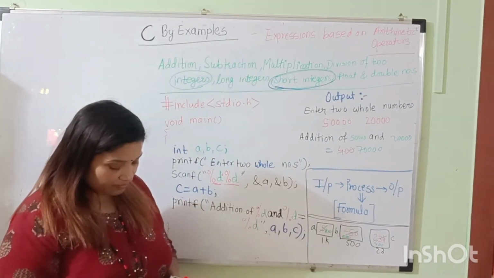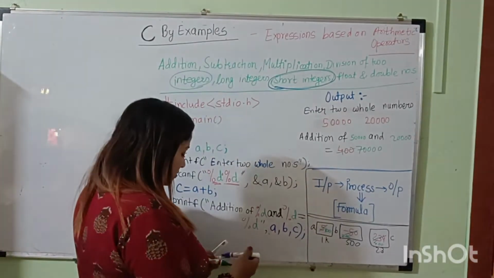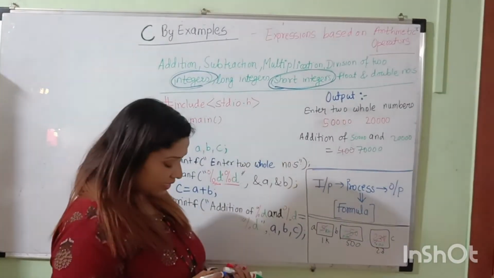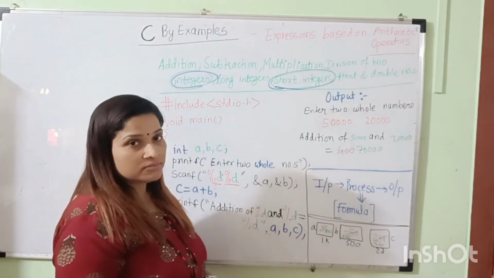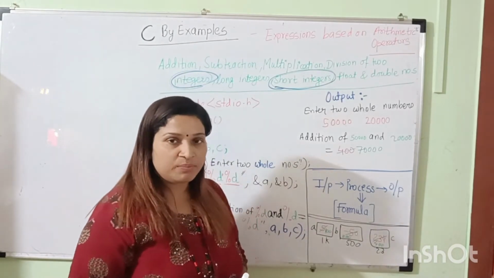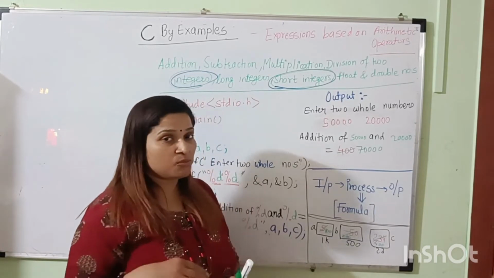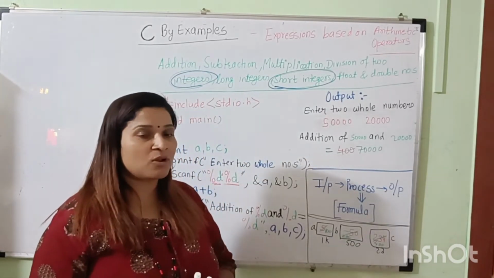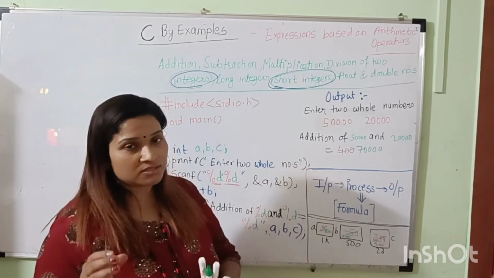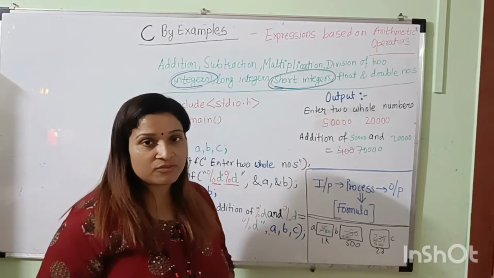So this is the second category, that is integer. Now the third category is long integer. Suppose you want to give numbers in terms of millions, billions or trillions. More than that you can also give, but it may not fit within the range if the compiler does not support that much range. So you first have to check the range of your compiler.